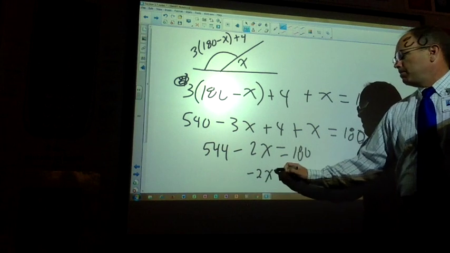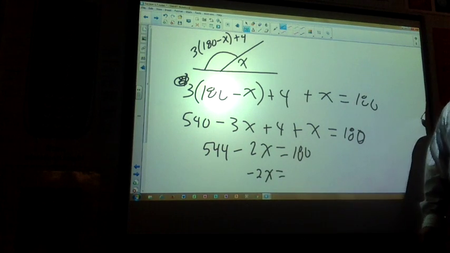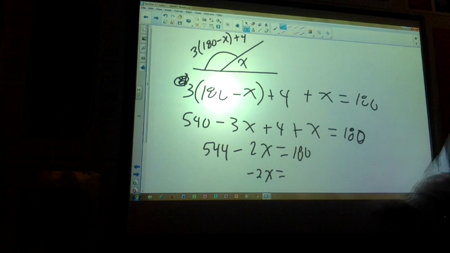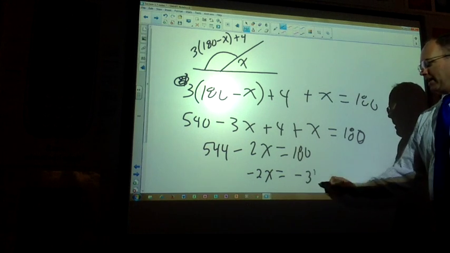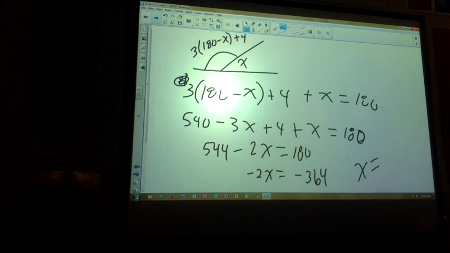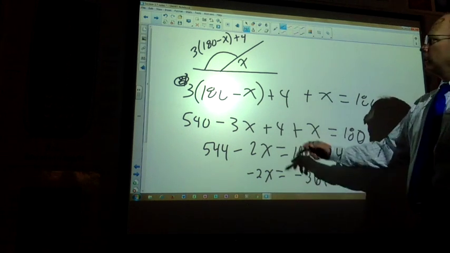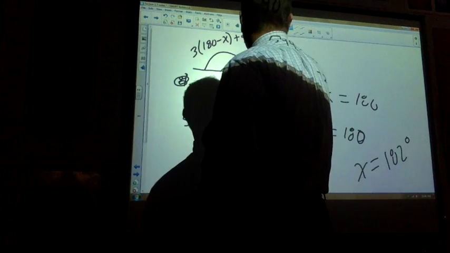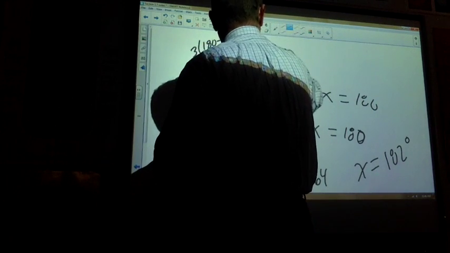Negative what? Negative 364, I'll take that. And divide that by negative 2, we get 182. Positive. Okay. So that's what x is. So that's 182.